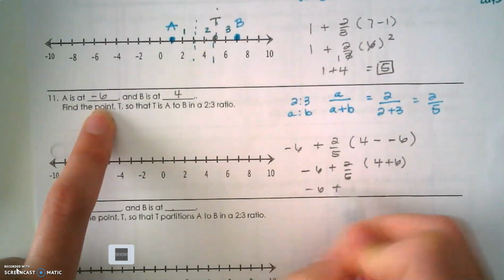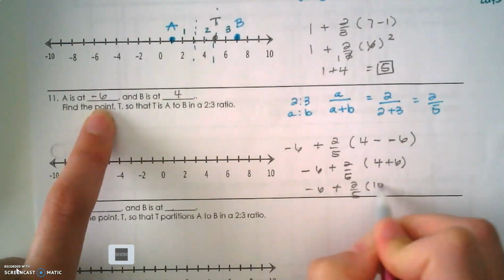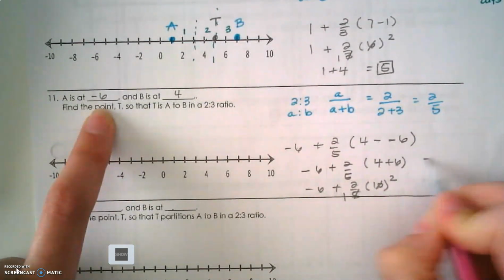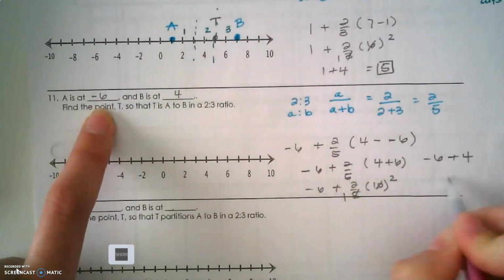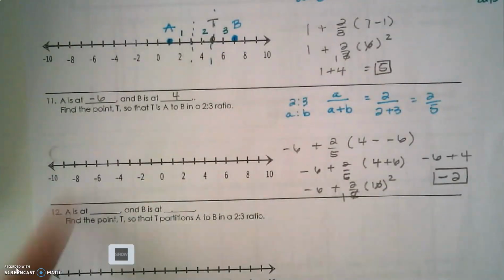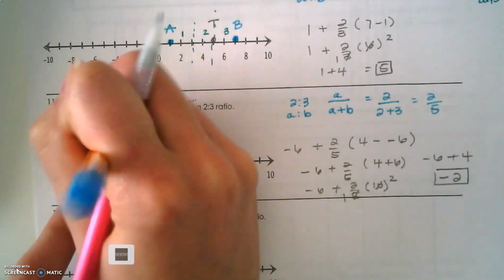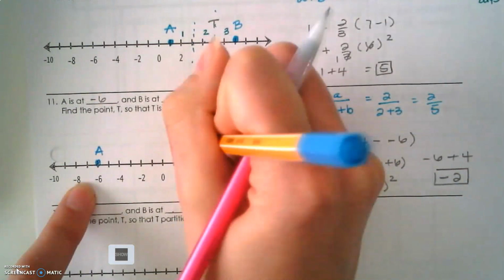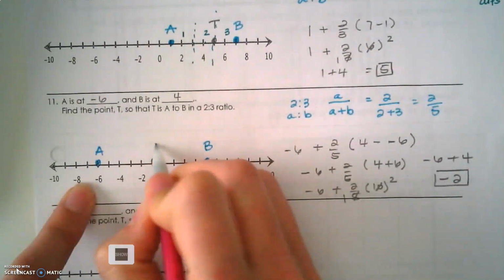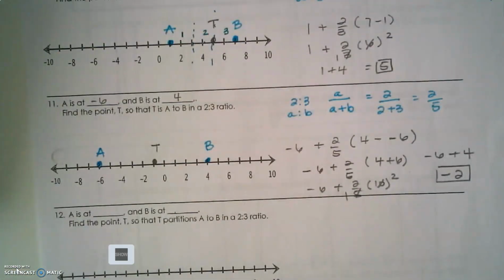So -6 plus 2/5 times 10. That's 5 goes into 10 twice, so 2 times 2 is 4. So that's -6 plus 4, so that's -2. So we have -6, that's A, 4, that's B, and -2 makes this cut.